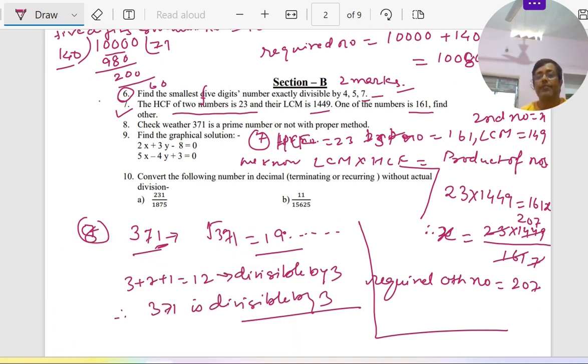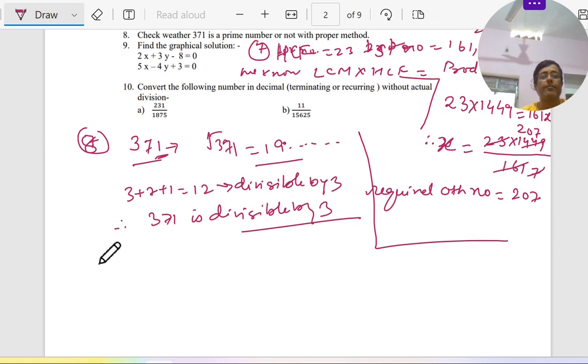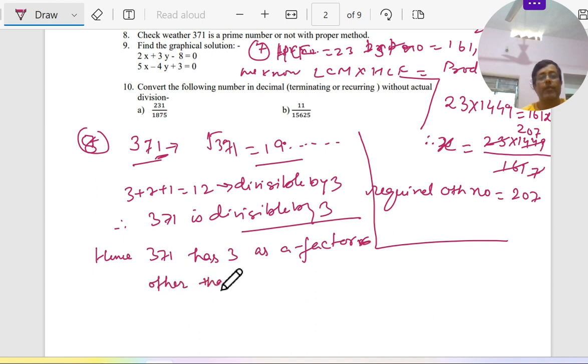So here we write hence 371 has 3 as a factor other than 1 and itself.